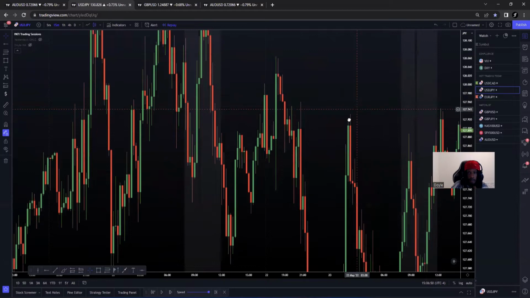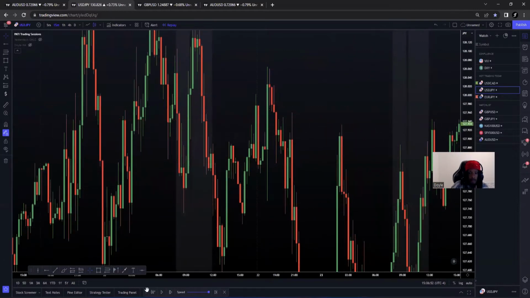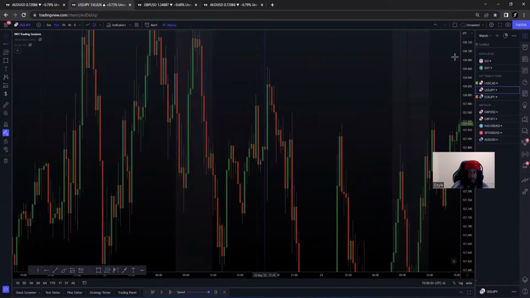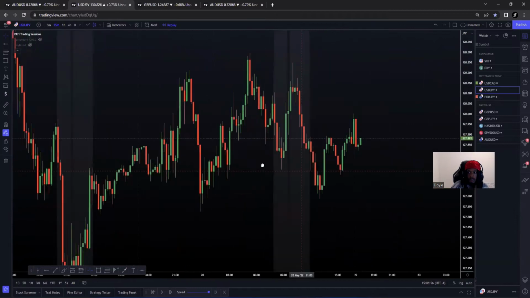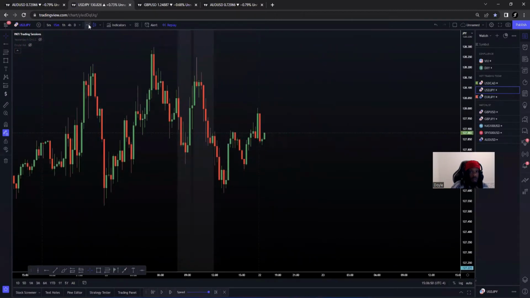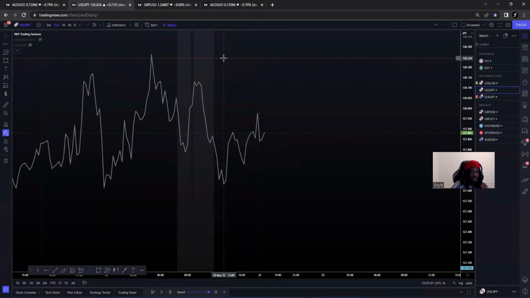Perfect. Okay, right here. It's the replay mode. So let's go to the line chart. Now, again, you gotta know your clear breaks of structure. So right here, this is a swing low. And this move right here broke that low.